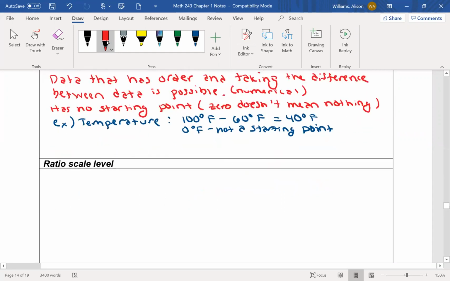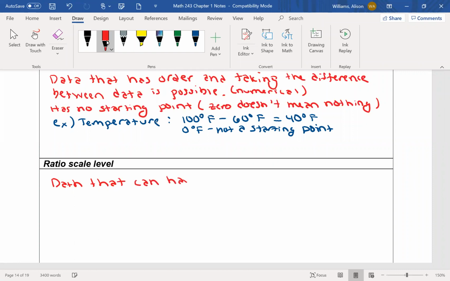Now, ratio data also can have differences, so it's numerical.